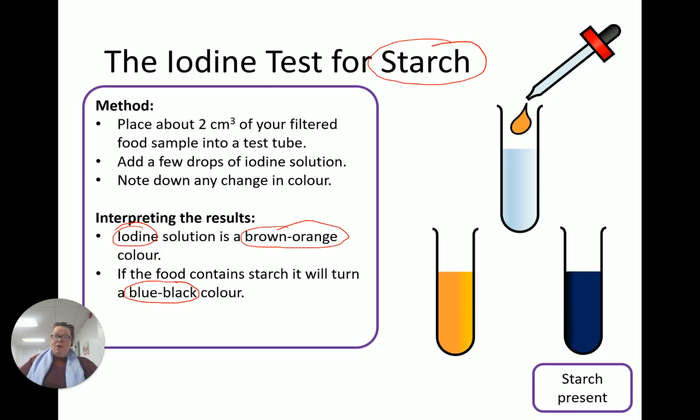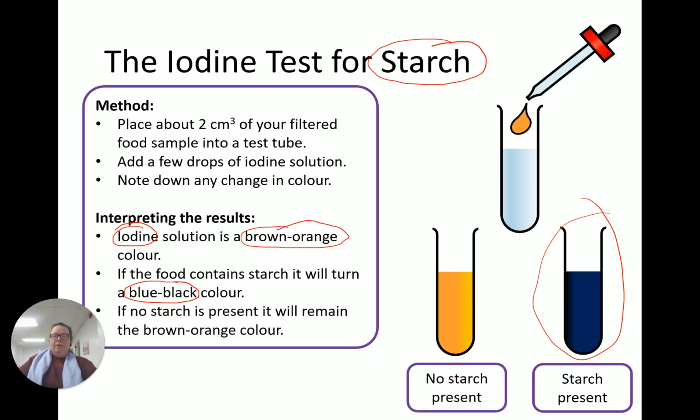Now, you would get 3 marks for that because it's giving you the reagent and the colour that it goes. And that is a positive test. So this one here, positive test. Now, it's really important you know these 4 tests as well when we do enzyme practicals, because you have to be able to test whether the enzyme's working or not. Right, so that's our iodine. Nice simple one there. Let's have a look at the next one.